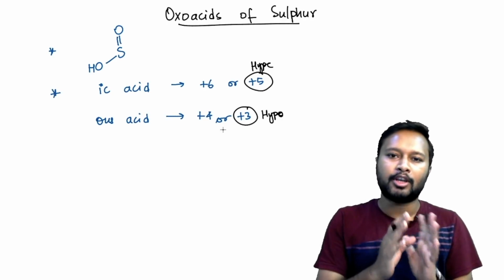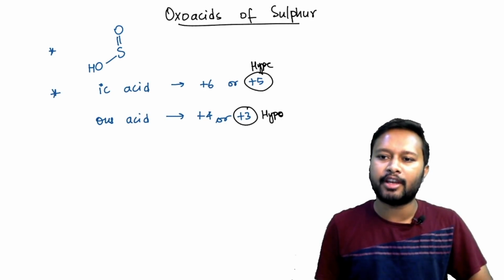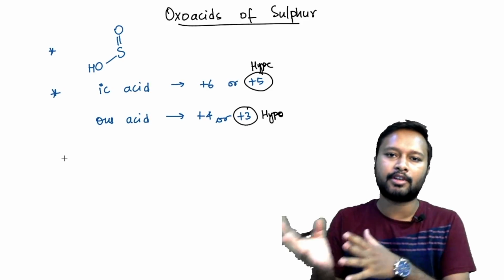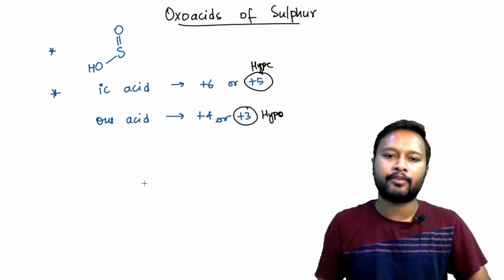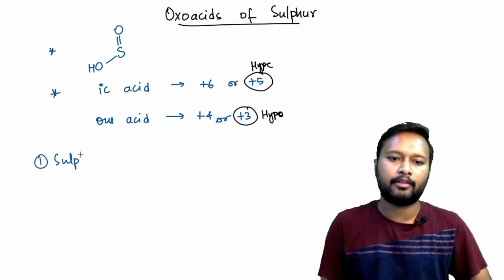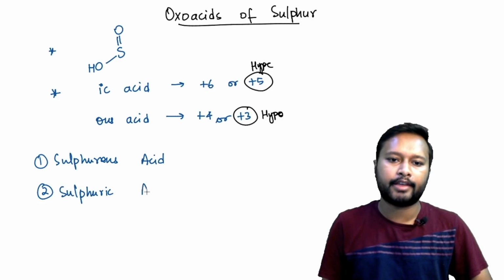Fine. So now here in the oxoacids of sulfur you will have 4 series, just like we did for the two series in the oxoacids of phosphorus. The first series is the sulfurous acid series. The second series is the sulfuric acid series.